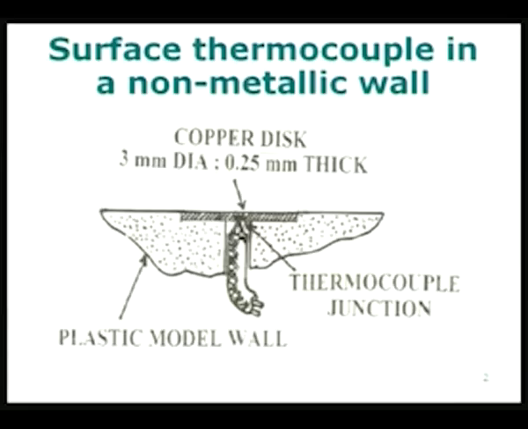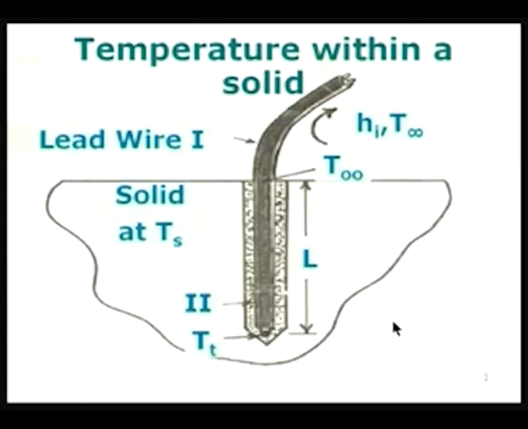The second example I am going to take is the temperature measurement within a solid by using a thermocouple. So, the solid material is shown here at the bottom, and the temperature is going to be measured by using a thermocouple which is inserted into a blind hole.